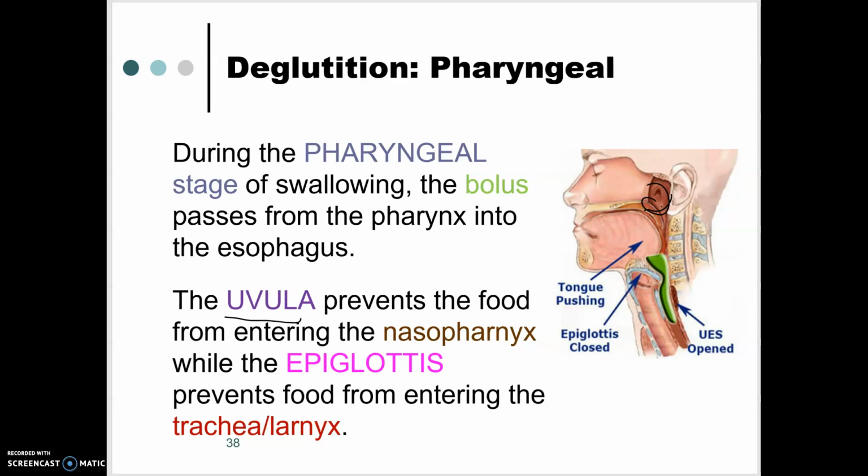The second thing that's going to happen is we get a small structure here called the epiglottis, and the epiglottis is going to close, and that's going to block off the trachea. So that prevents the food from entering into the respiratory system. So that prevents food from entering your lungs. It saves you from any possible infection. It forces the food to go down into the esophagus, and that's the esophageal transit.